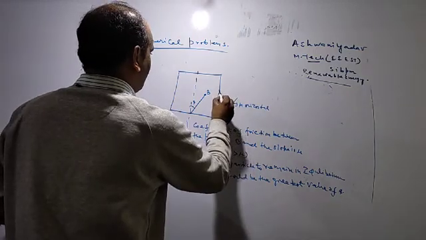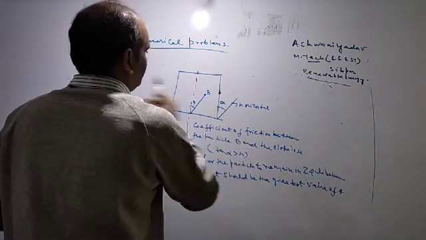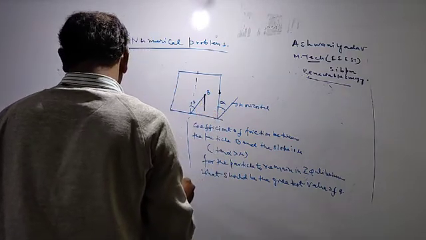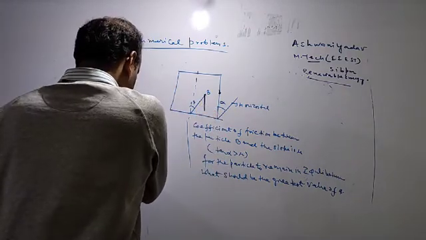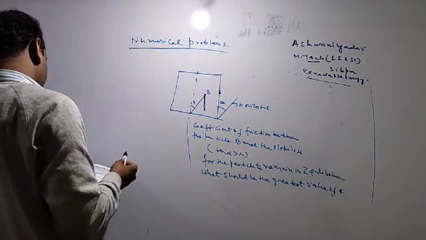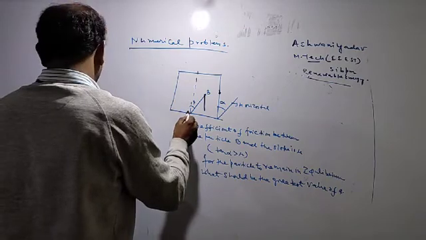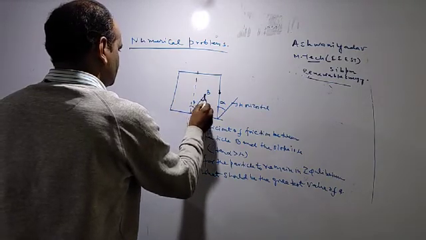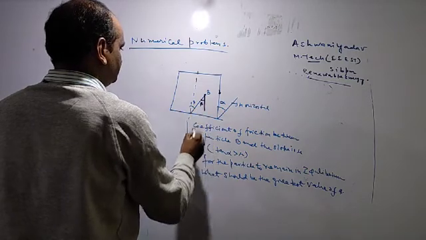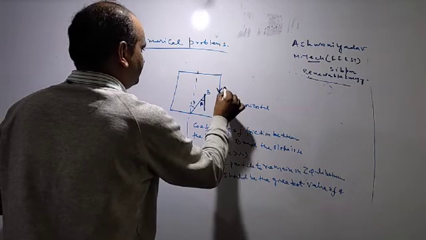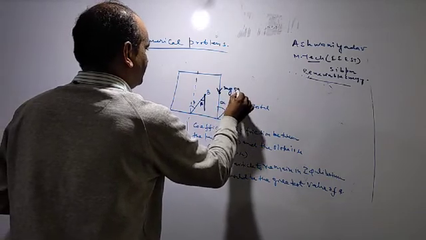This is an inclined plane, and along this inclined plane this is also going to be beta, and along the inclined plane we have mg sin alpha.